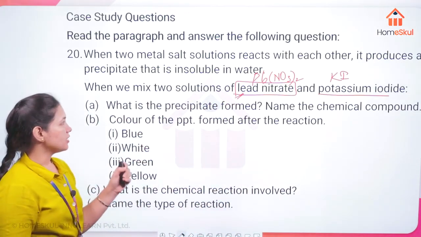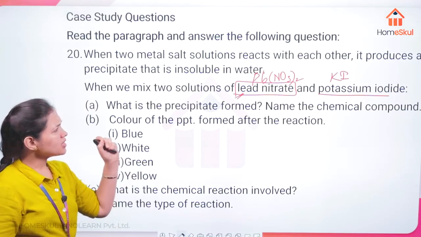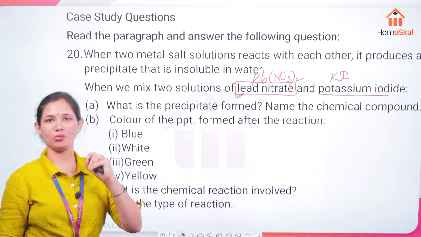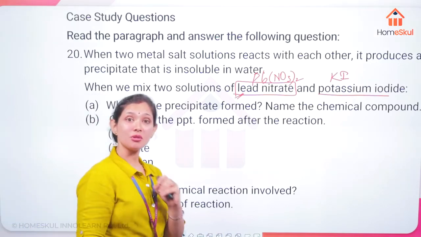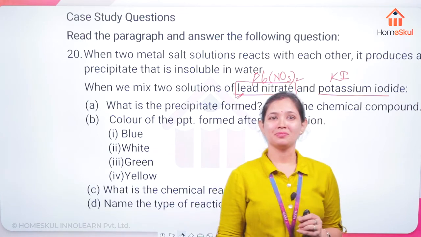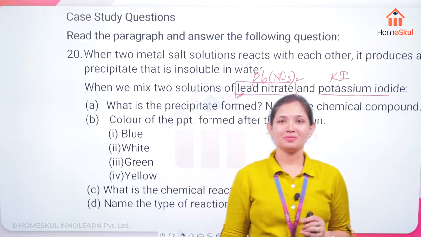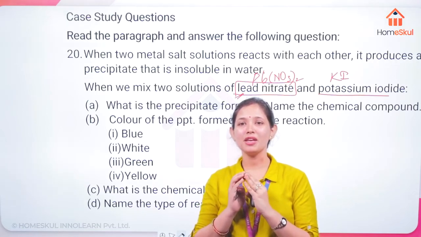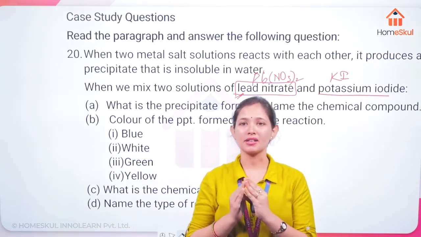First question. What is the precipitate formed here? Name the chemical compound. What is the precipitate formed? PbI2. Very correct.